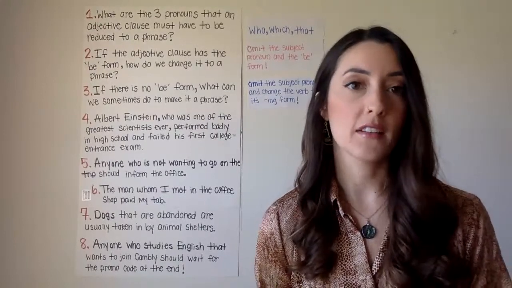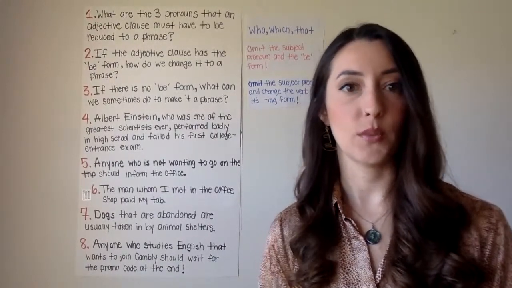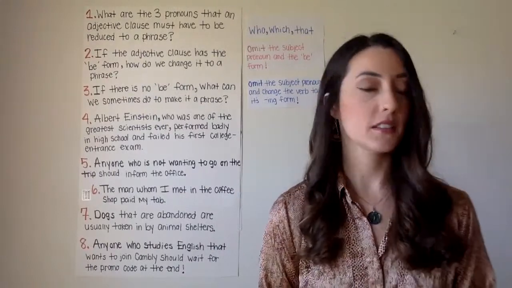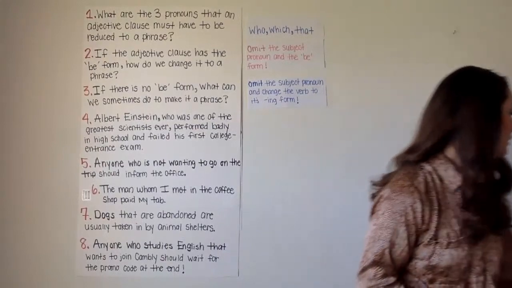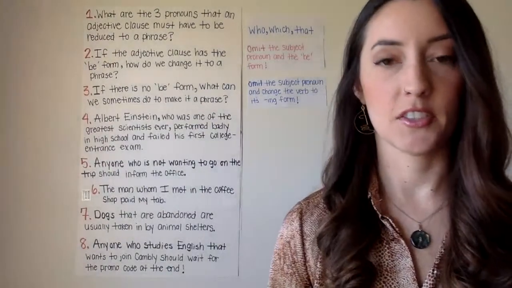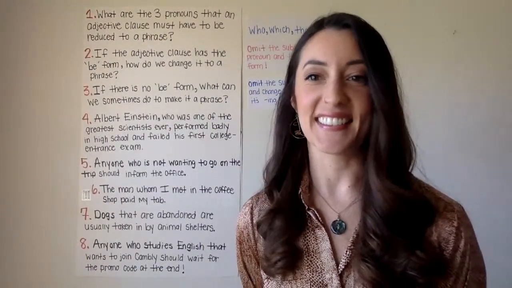Rule number 1, which is what? What do we do if we see the verb be? What do we omit? All right, I'm going to give everyone just a moment to write their answers. Take your time. Don't move on to number 5 yet, please. We're still answering number 4.